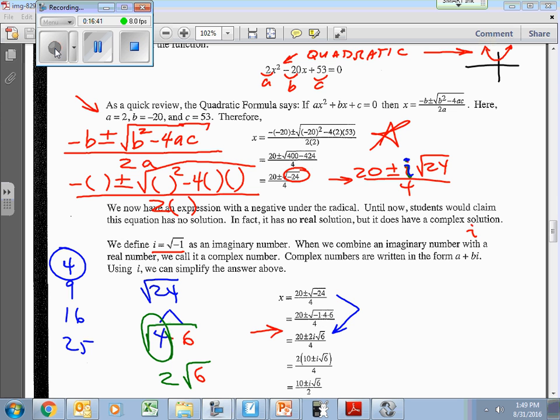From this point on, I'll just say what they did next. For whatever reason, they decided to factor out a 2, which you won't have to do. The rule that we generally use is 20 plus or minus the 2i radical 6 over 4.